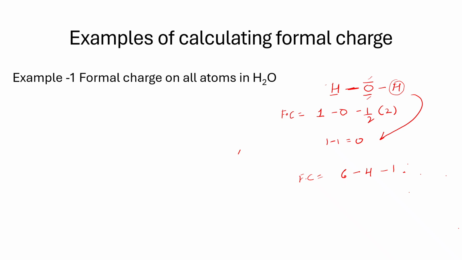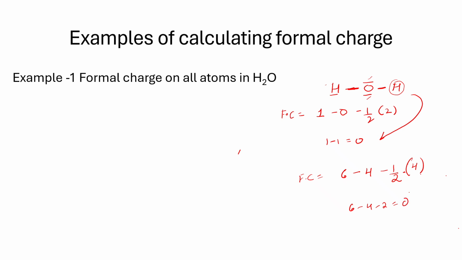Minus half the number of bonding electrons, as we can see that it has made two covalent bonds, which means that there are 4 bonding electrons. Again, notice the term bonding electrons, not bonding pair of electrons. So it's half the number of bonding electrons, which is half times 4. So we have 6 minus 4 minus 2, which is also 0.